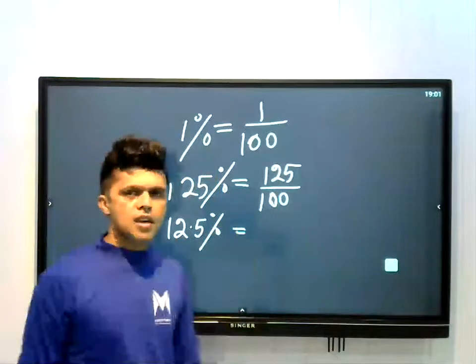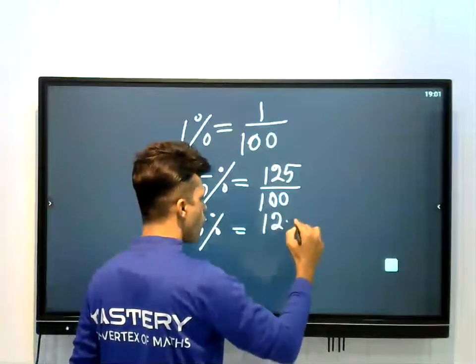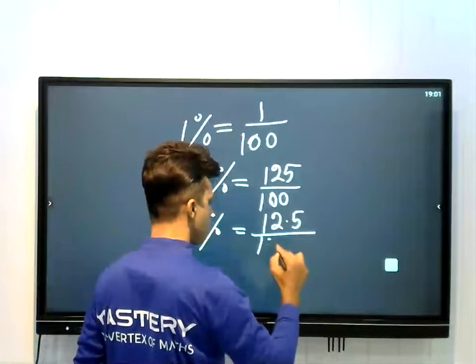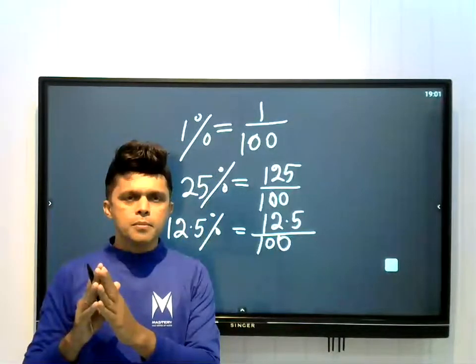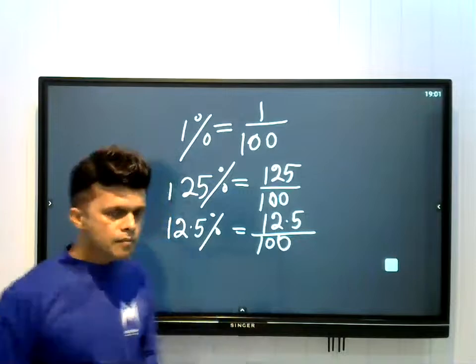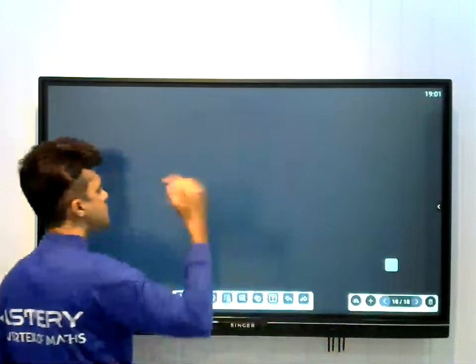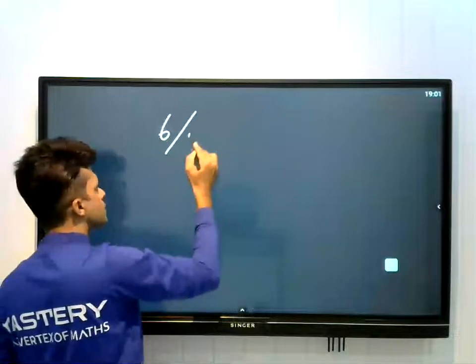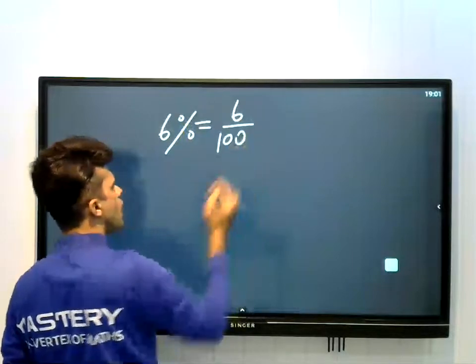12.5% means 12.5 over 100. Okay, you can write it as a fraction. So a percentage can be written as a fraction. 6% equals 6 over 100.